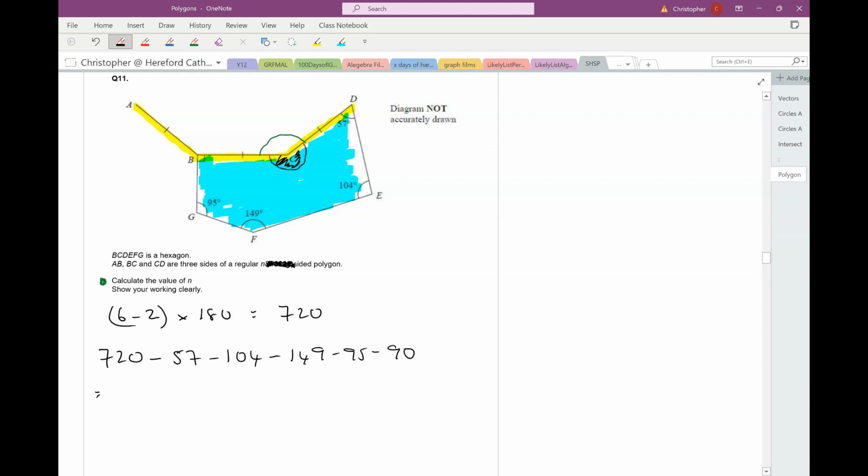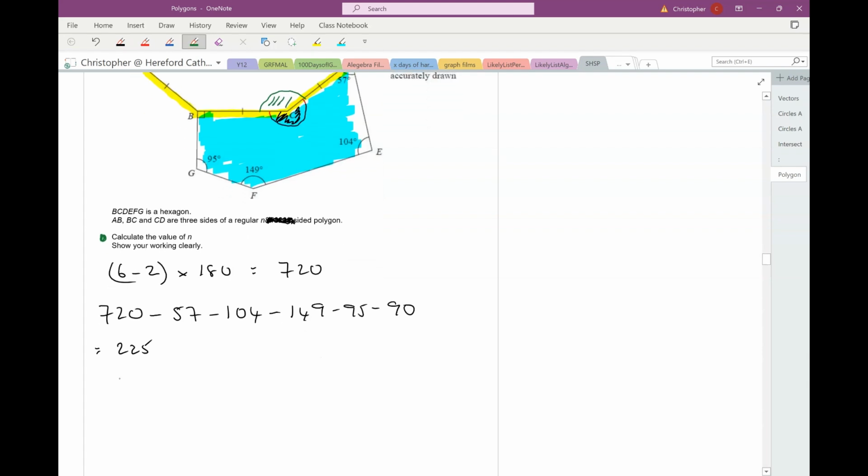That angle is 225. So that means that this green angle here is going to be 360 minus 225, 135. So the interior angle of my shape there is 135.